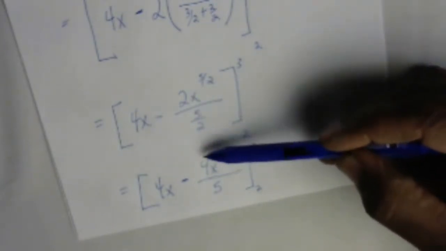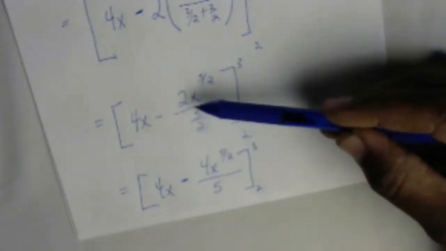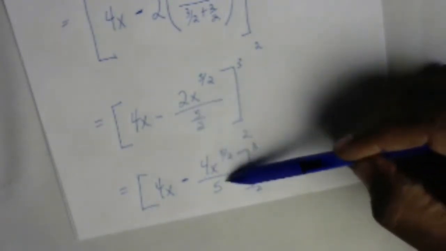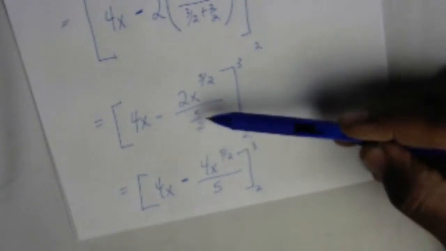In essence what I did was multiply the very top and the very bottom. 2 times 2 is 4, and I placed 4 in the numerator. X to the 5/2 power remains in the numerator, and my 5 stays in the denominator. So I simply reciprocated 5/2 and multiplied by 2/5.